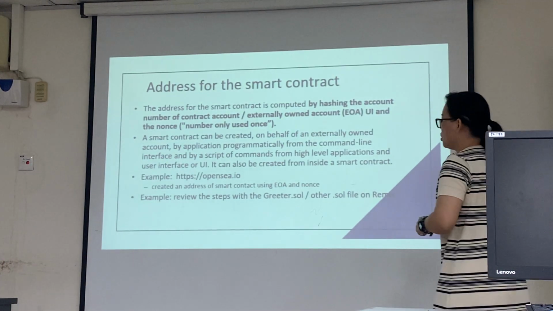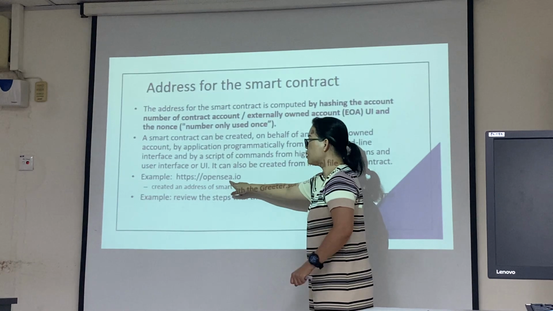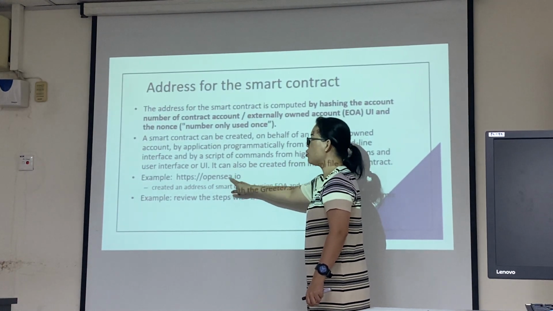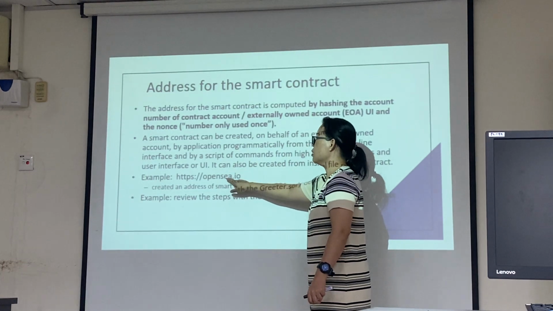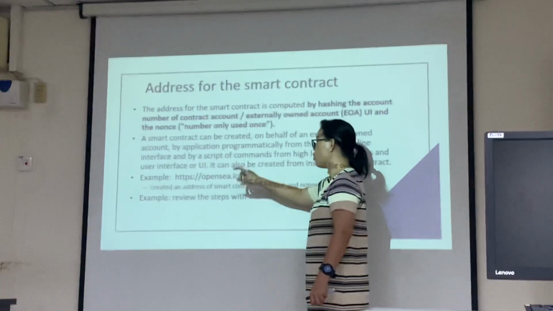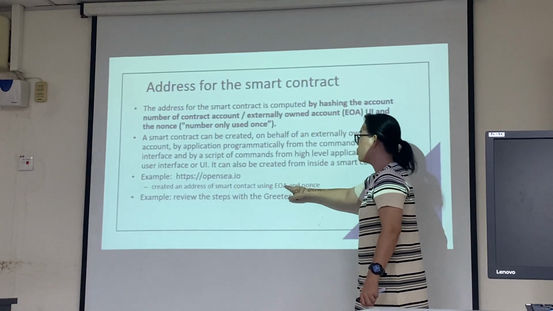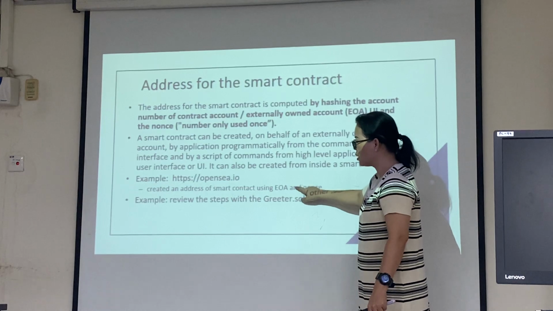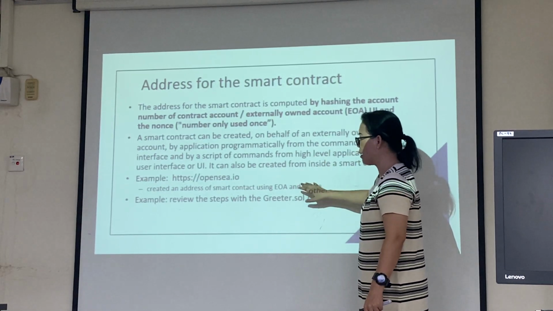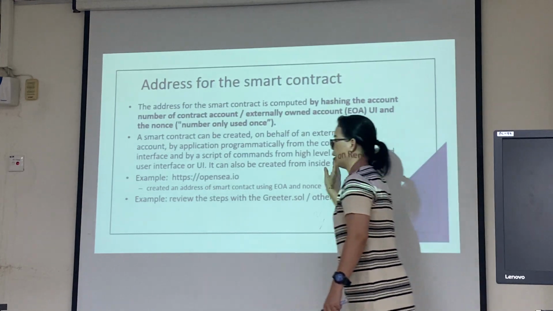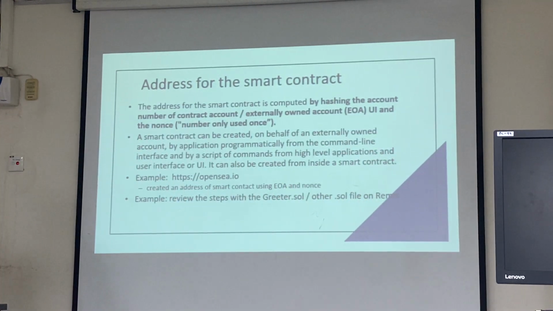The example is over here, OpenSea.io. When you register an account inside OpenSea.io, they will create another small smart contract only for you, to upload your file, to sell your art or your picture and so on over that site. Okay, so this is the theory part now.